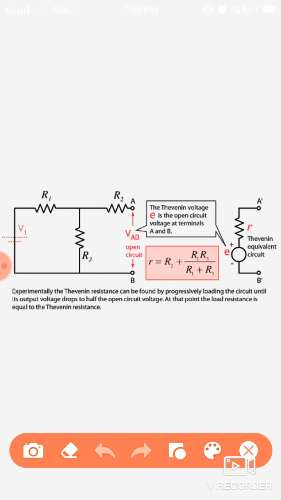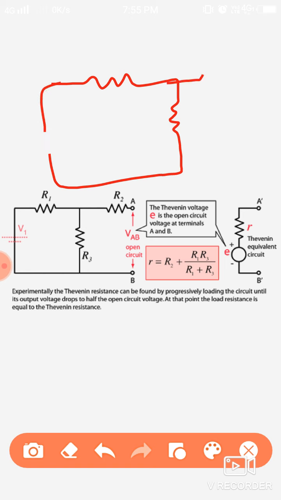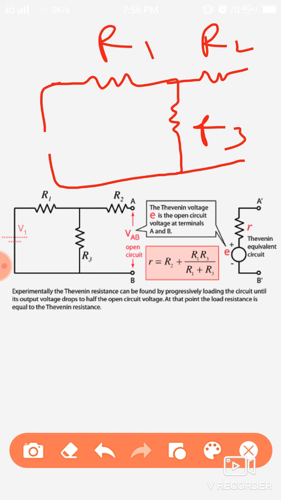To find out Thevenin resistance, first we will draw this: this is R1, R3 and this is the power supply, and this is our R2, R2, R3 and R1. Then we are interested to replace this circuit at this point, which we just call A and B.